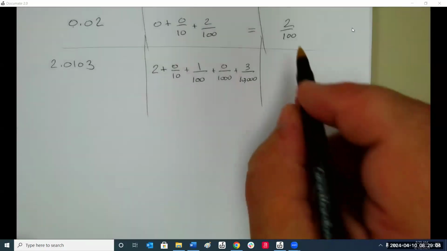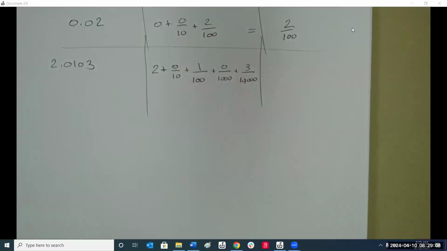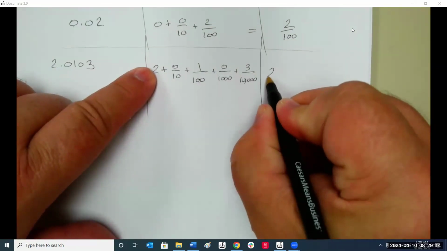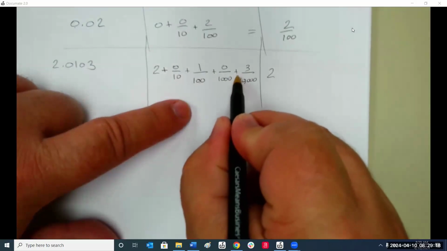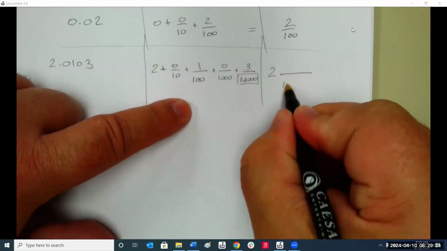So how would we write this as a single number? We have 2. Remember, we always use the biggest denominator. So the denominator is going to be over 10,000.